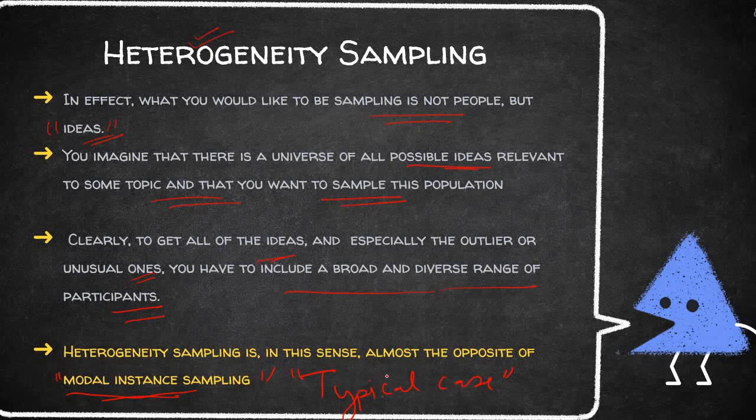So it is more to do with the general case, whereas heterogeneity sampling is talking about the opposite. It's not about a typical case, it is about having as diverse, as broad a spectrum of ideas as possible.